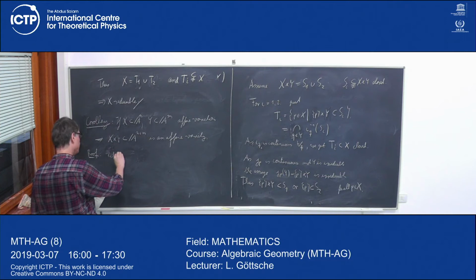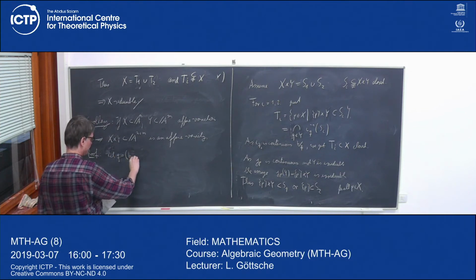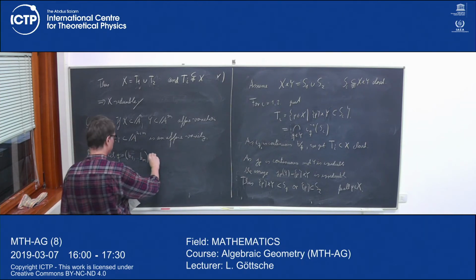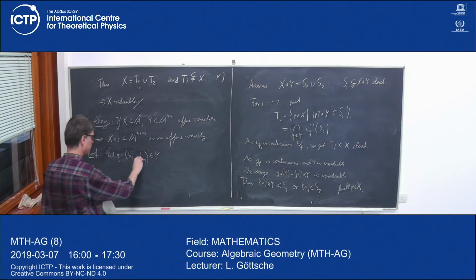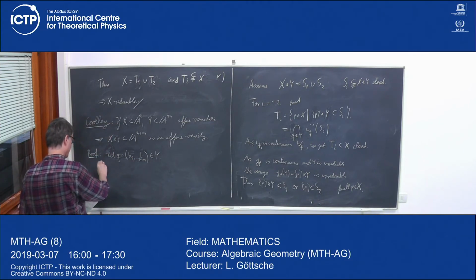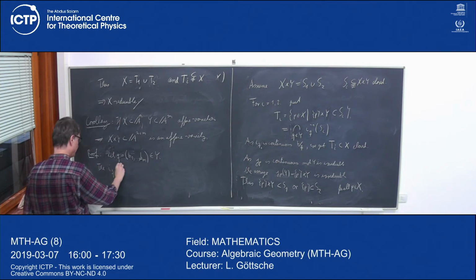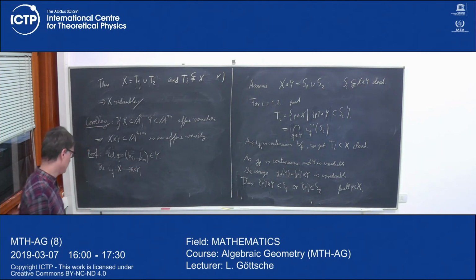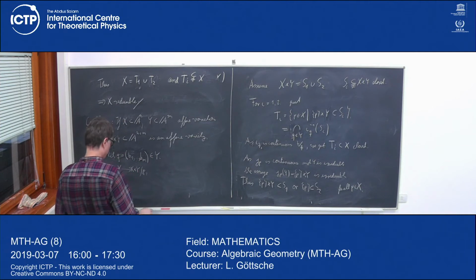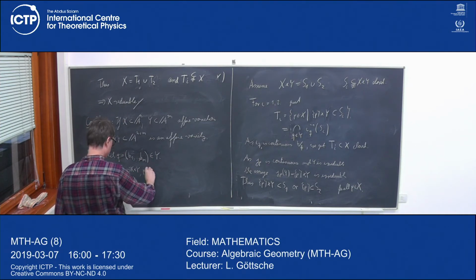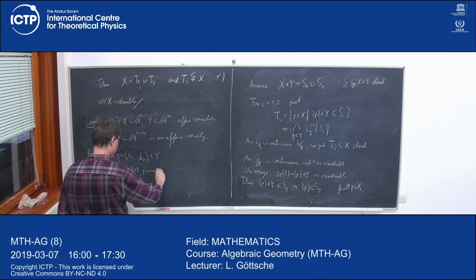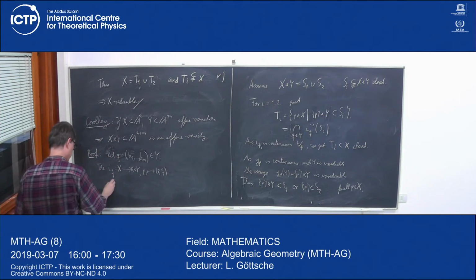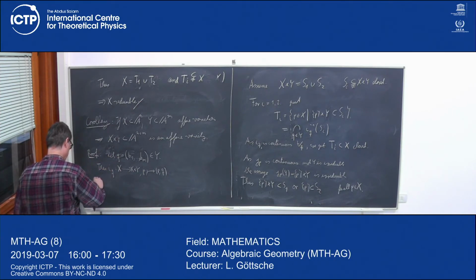So let Q be a point, with coordinates b1 to bm, be a point in Y. Then if I look at the map i_Q from x to x times y, which sends the point P to (P, Q), what is it?